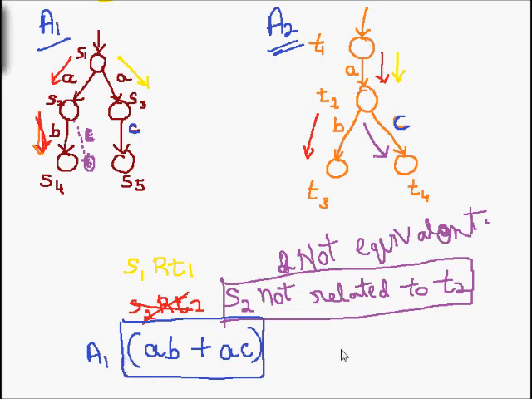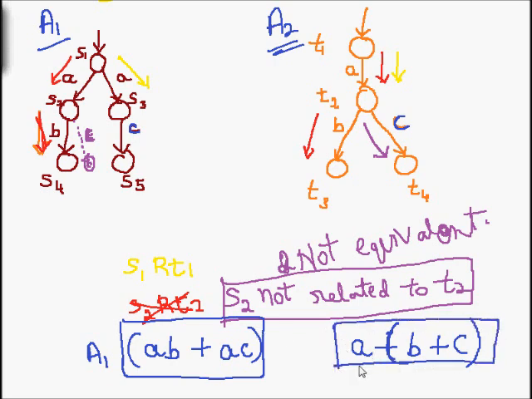It has something like A followed by B or C. This is what A2 gives. So aren't they equal? Aren't they the same? We saw that in the previous it was the same, but here there is some problem.